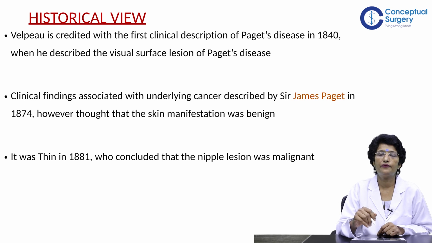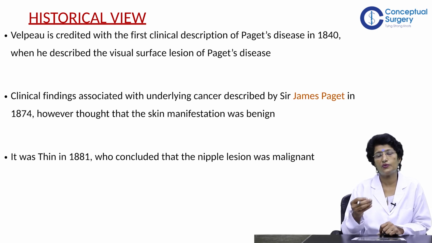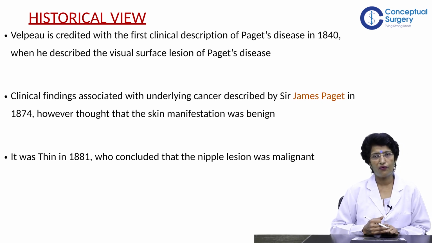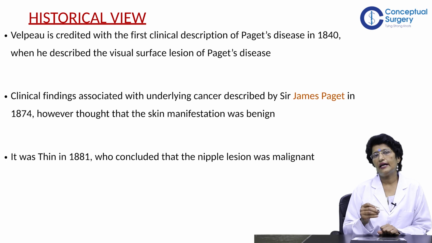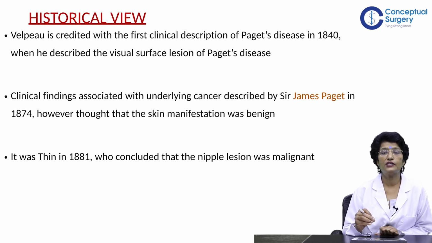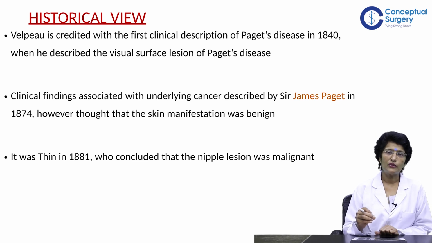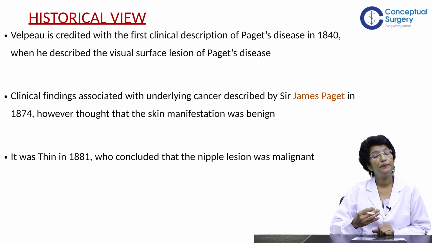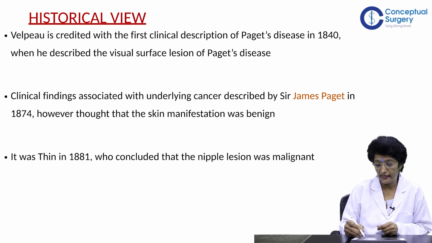This was described for the first time by Sir James Paget, and that is where Paget's disease gets its name, in 1874. But of course, he was erroneous in saying that the skin manifestations of Paget's are benign. So it was Thin finally in 1881 who said that the nipple lesion was not benign, it was malignant.